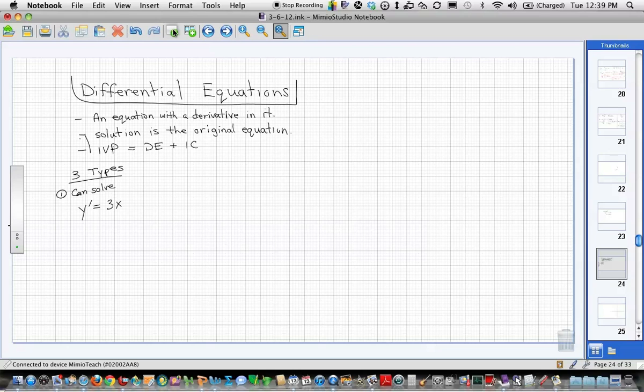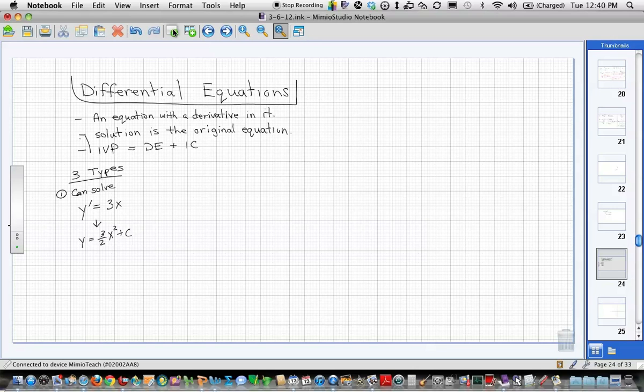And so what would be the solution to that? y equals 3/2 x squared plus c. Yeah, not 3, that would be y double prime. But 3/2 x squared plus c. That's the solution to that differential equation.